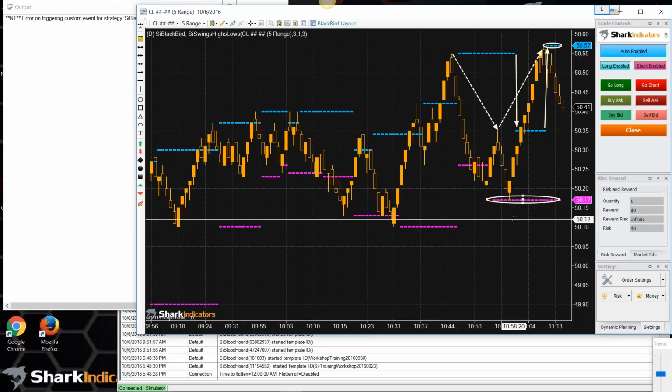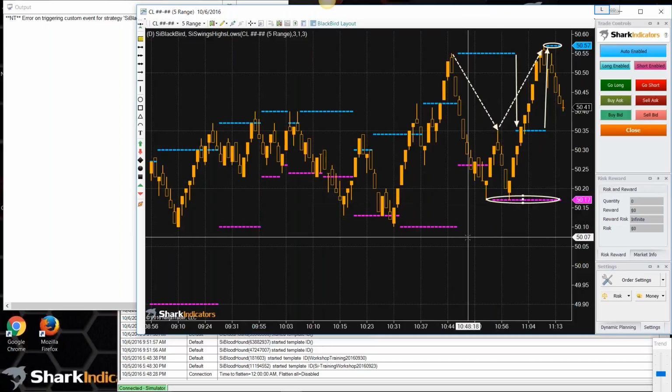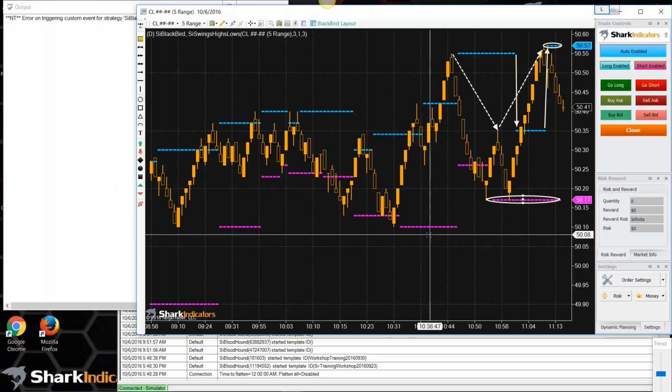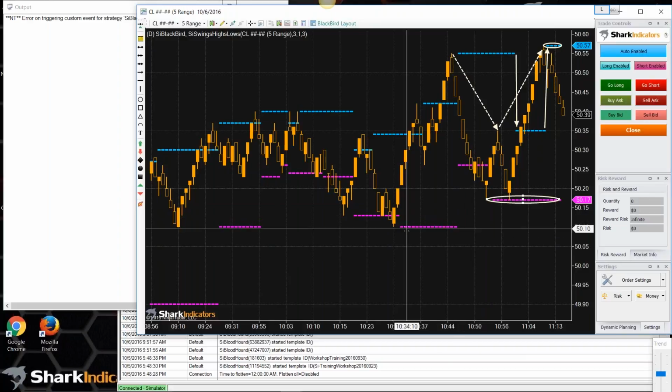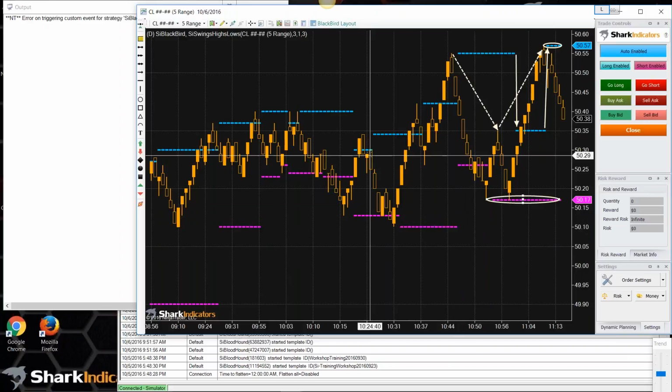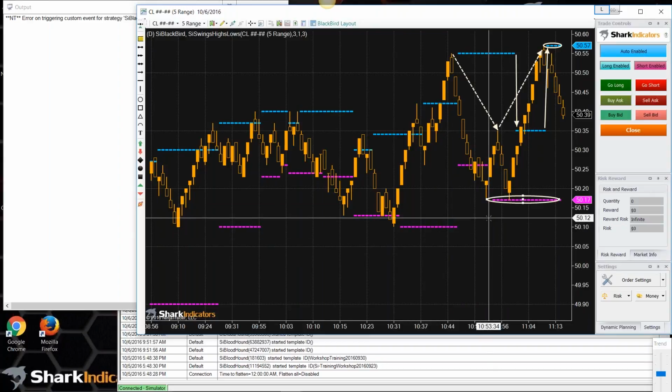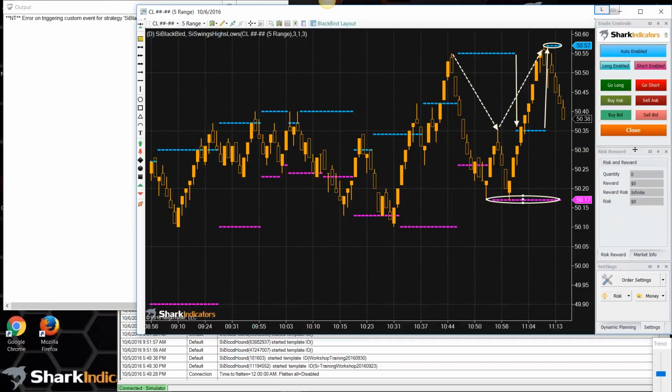So this is the indicator that BlackBird is using to identify swing points. Of course, you can use your own custom indicator. If you have an indicator that you prefer that identifies swing points for you, of course, you can always use that. But this is just one that we've included with Shark indicators for free.